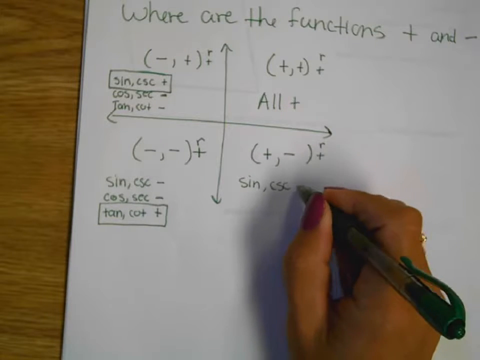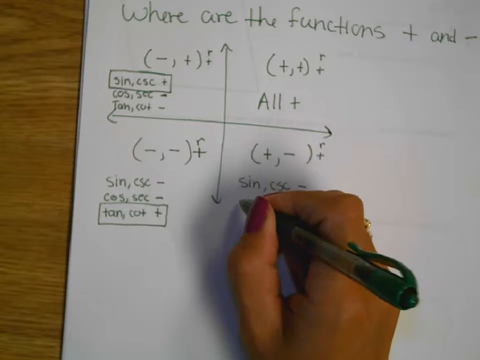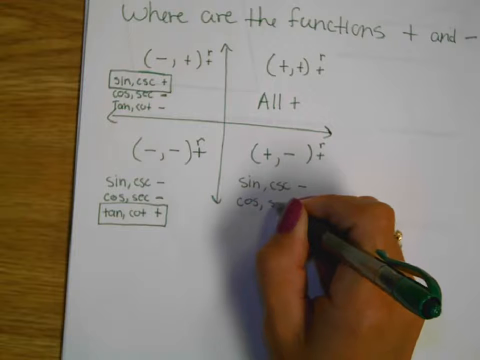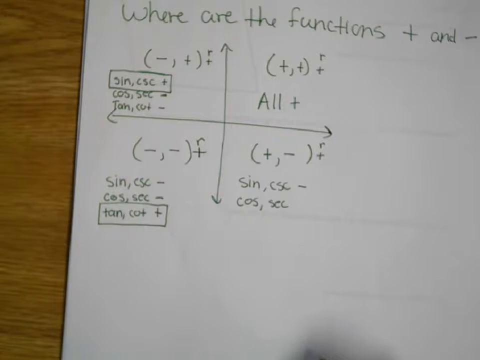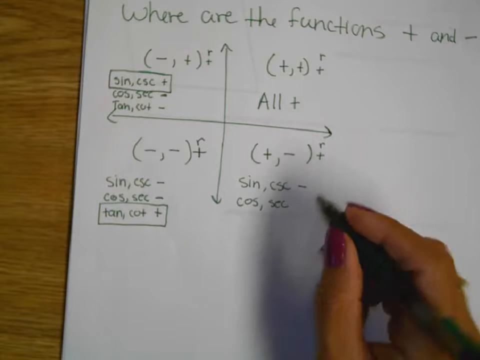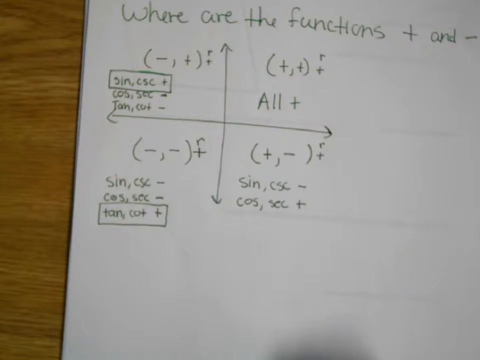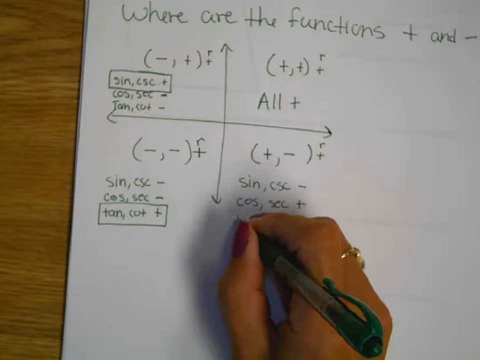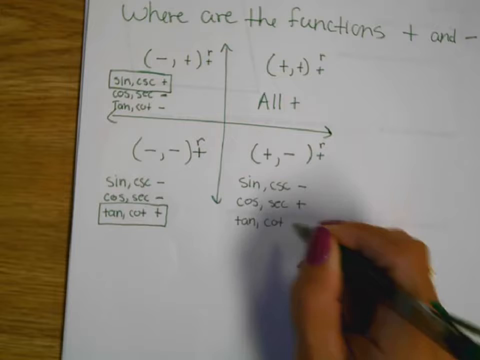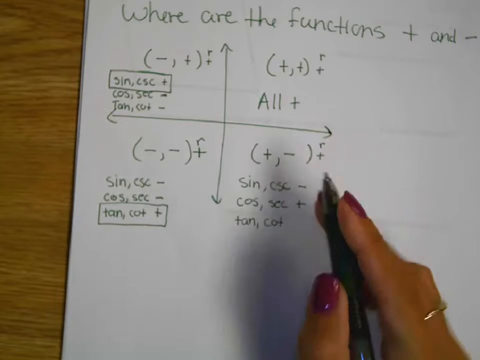Negative over positive. Cosine and secant. Positive over positive. And then tangent and cotangent. We've got our negative over our positive.